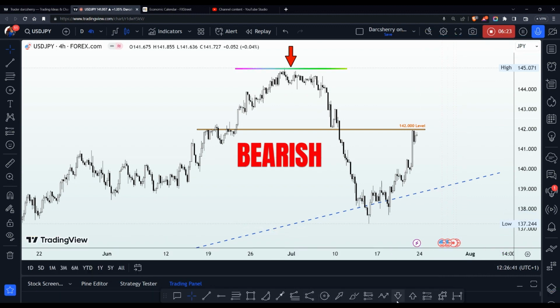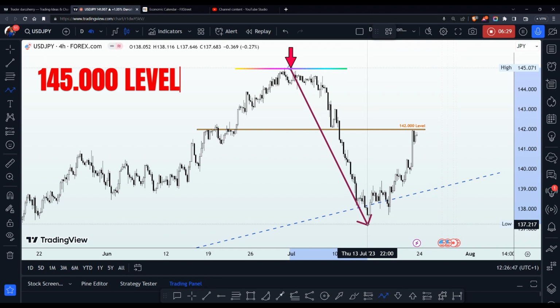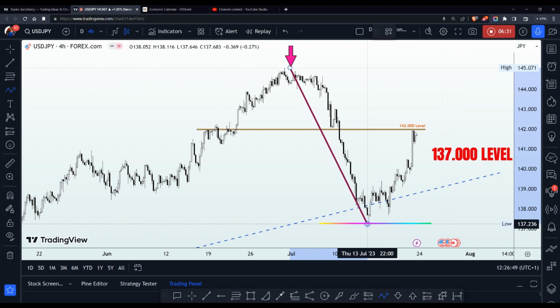if we consider that impulsive move that started at the beginning of this month into that lower point at the 137.00 area.